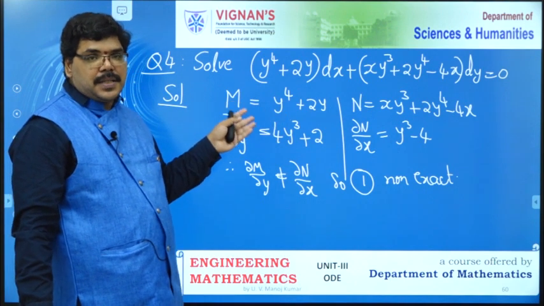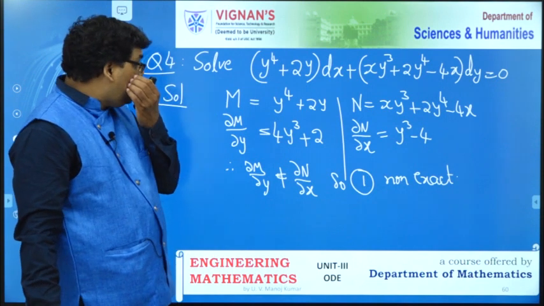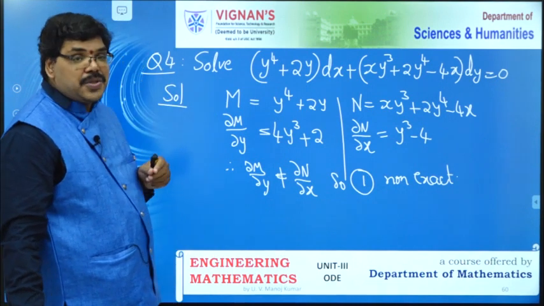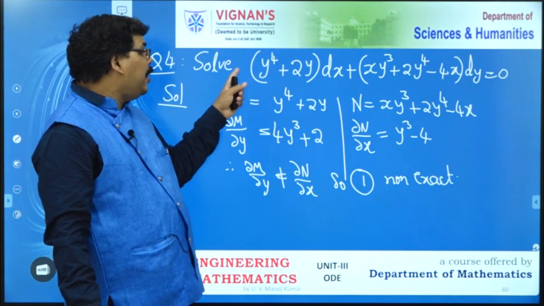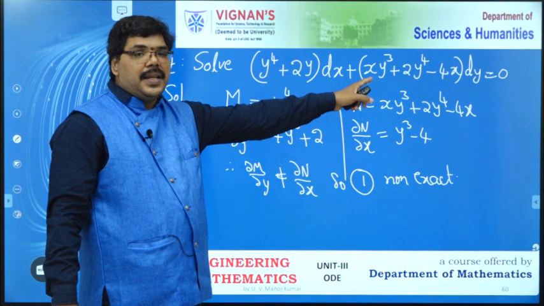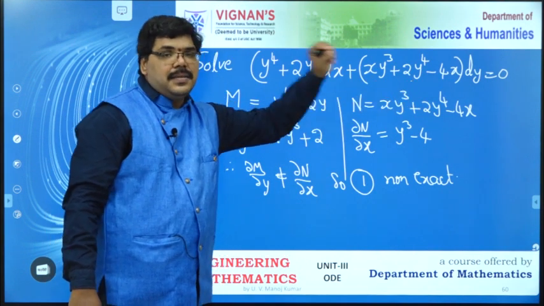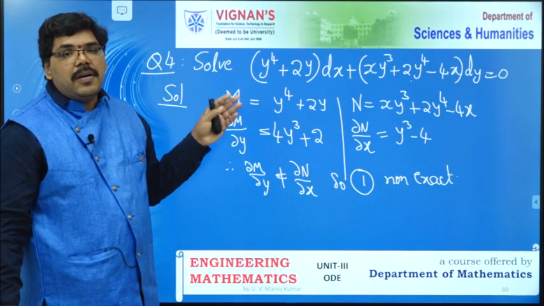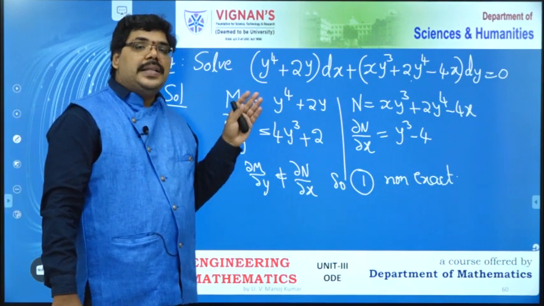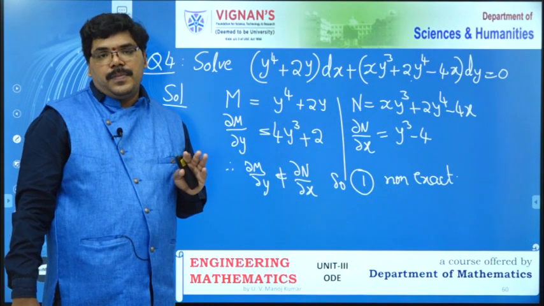M is not homogeneous. So not in case 1. Is it in case 2? No, because I can take y common here, but I cannot take x common here, because this term is not having any x. So this is not in case 1, not in case 2. So either it comes in case 3 or it comes in case 4.